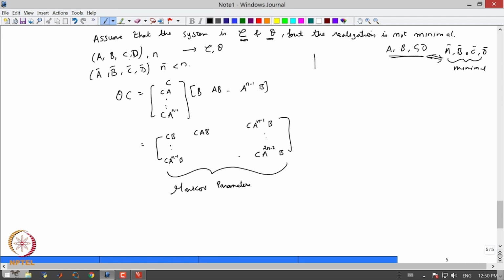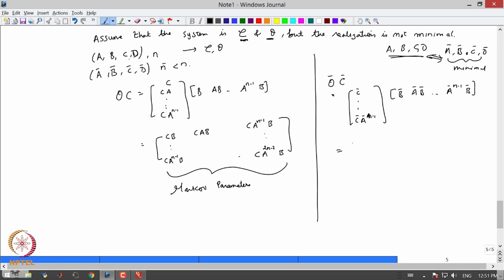Now look at the other realization, which we claim has some n bar less than n, which gives me the minimal realization. So this will be C bar, C bar A bar, up to C bar A bar^{n-1}, times B bar, A bar B bar, up to A bar^{n-1} B bar.